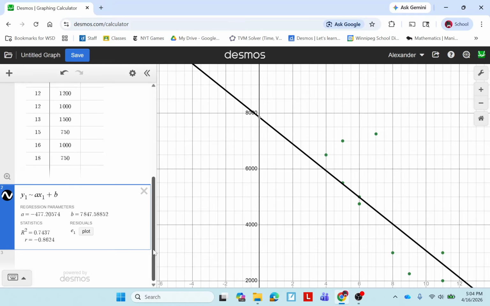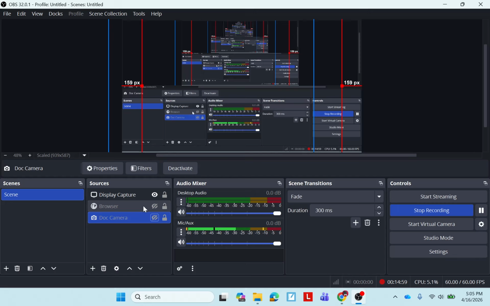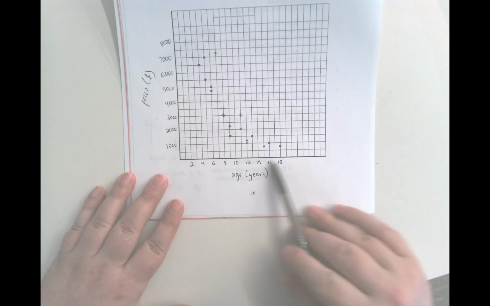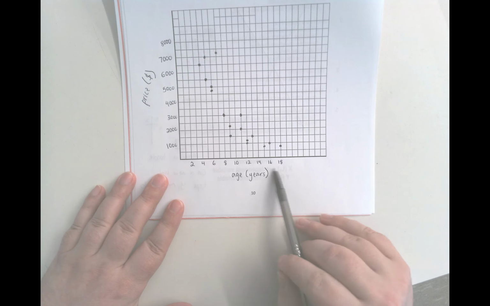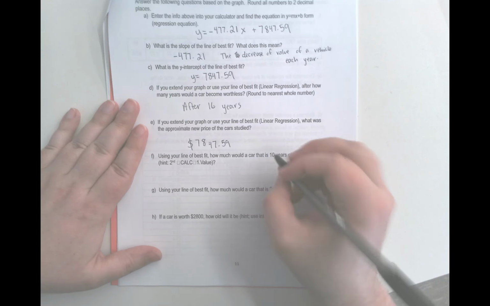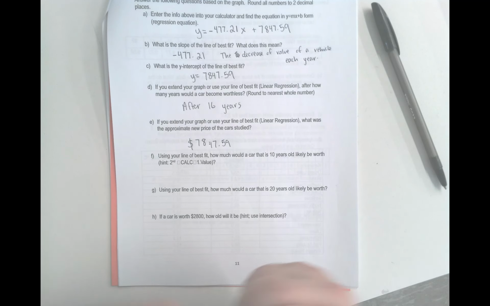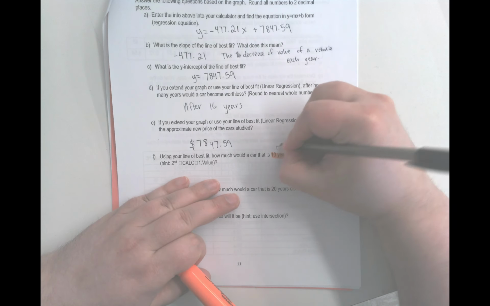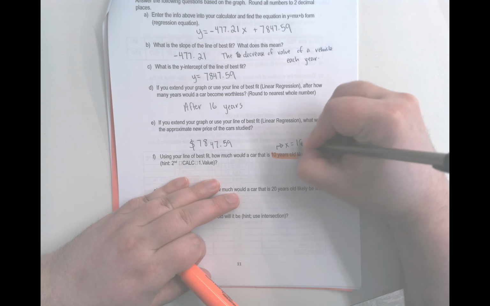And the way that we find that is we say, okay, so the car is 10 years old. I'm going to switch back to my notes here for a sec. When we are talking about age, for 10 years, this is on my x-axis. My age numbers are my x numbers. So what this question is asking is, if a car is 10 years old, that means that x is equal to 10.